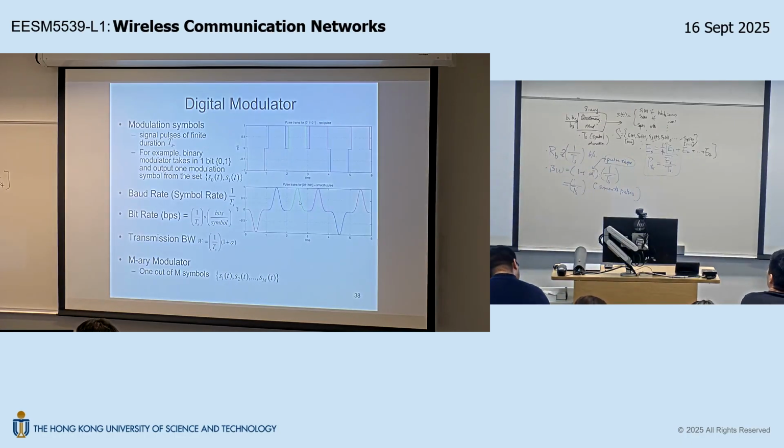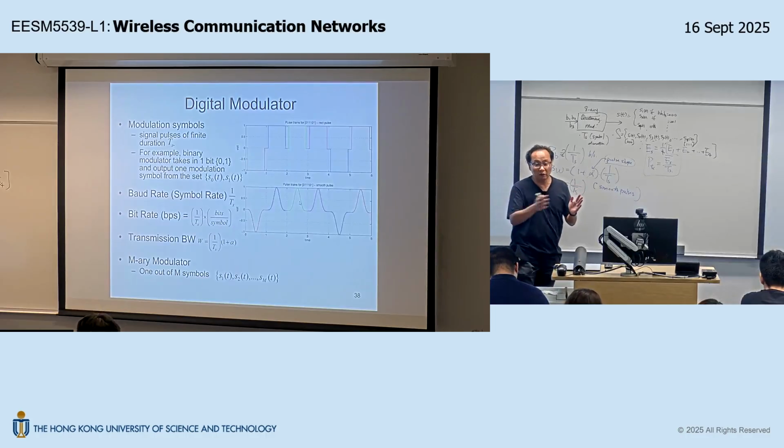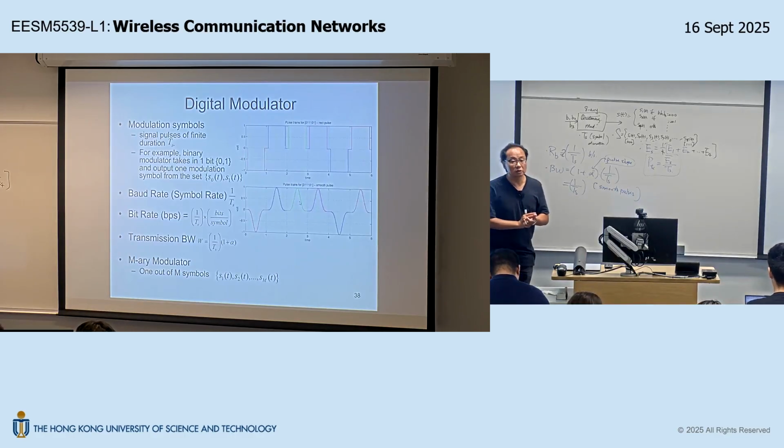Now with this modification, what would be the bit rate? Using my minibus analogy. For the same symbol duration, the frequency of my minibus is the same. If, let's say, this is 1 millisecond, that means over a 1 second window, I still have the same number of minibuses, 1,000 minibuses leaving the transmitter. What is the difference now is every minibus has 3 passenger seats.